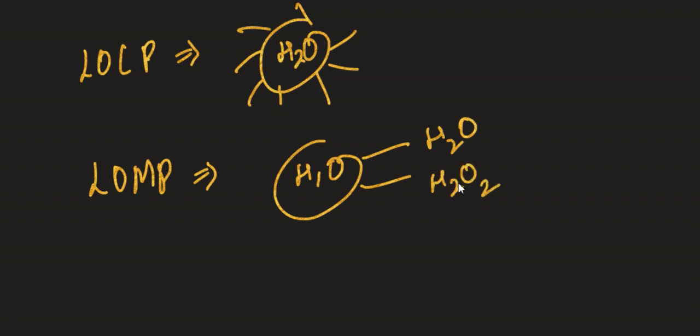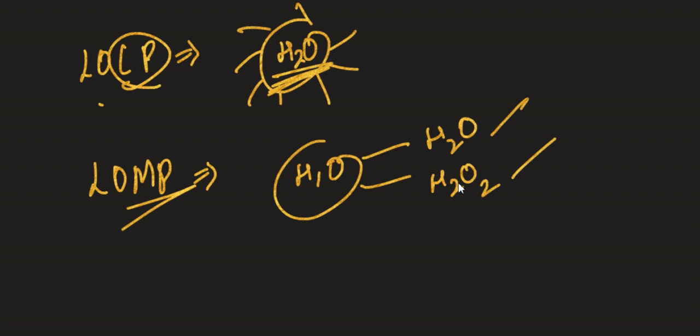Just a simple example: one compound means constant proportion, different compounds means multiple proportion. I hope you people got clarity about this. So this is about the laws. Let us go with the next one.